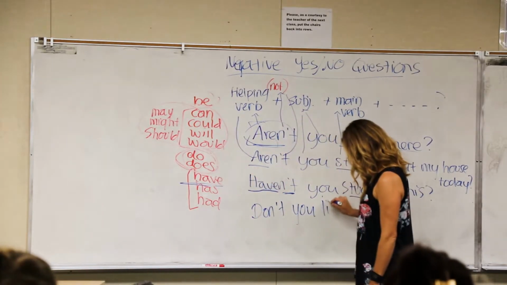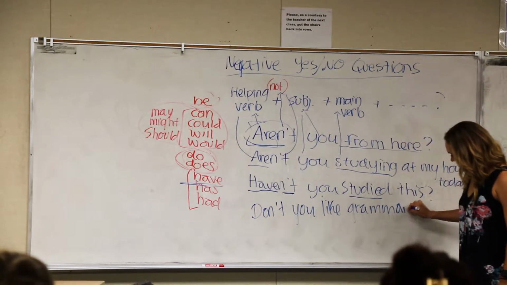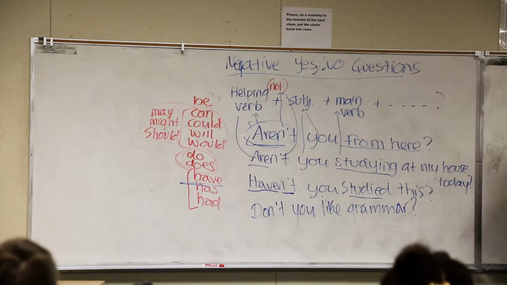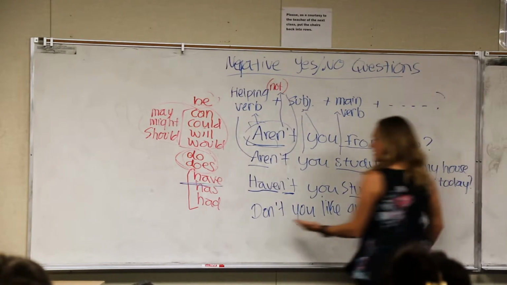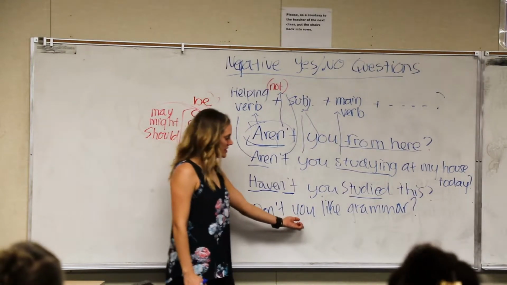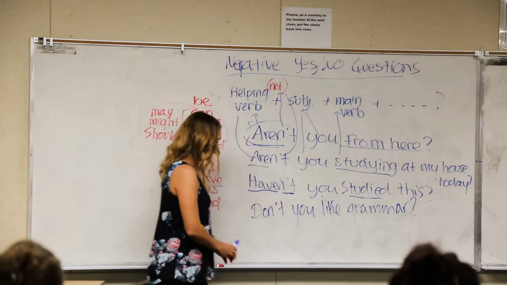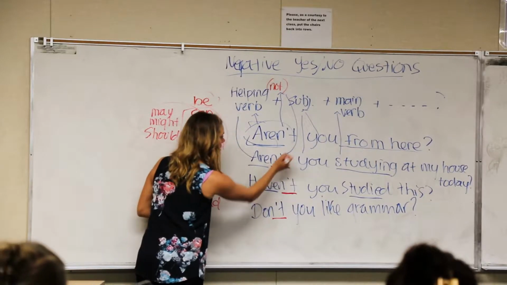Don't you like grammar? No, I don't. Yes, you do. Okay, don't you like grammar? So we have helping verb, it's negative, subject, and the main verb, okay? All of these are negative, right?